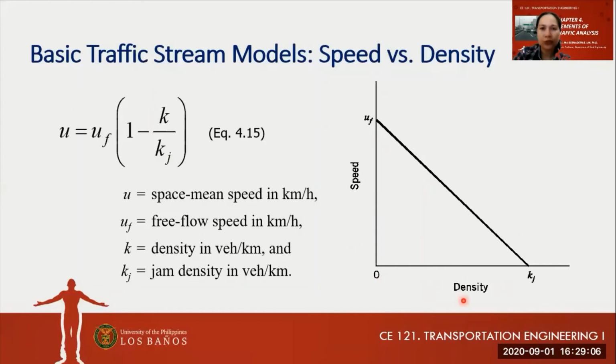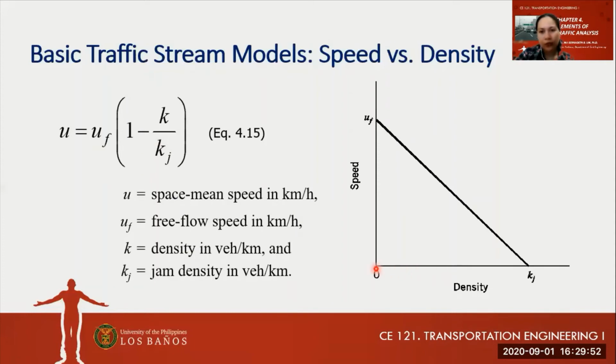This shows you the speed and density relationship. We can see here in the x-axis, this is the density and this is the speed. So they have a linear relationship. We have this relationship formula where U is the space mean speed and UF is the free flow speed, and K here is the density in vehicles per kilometer, and KJ is the jam density in vehicles per kilometer.